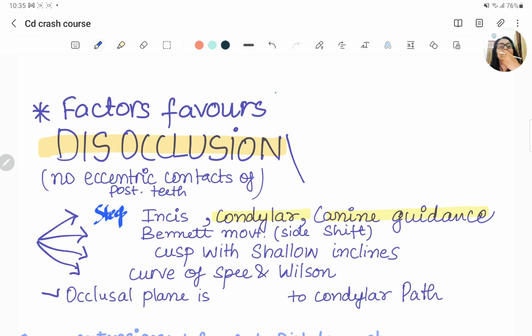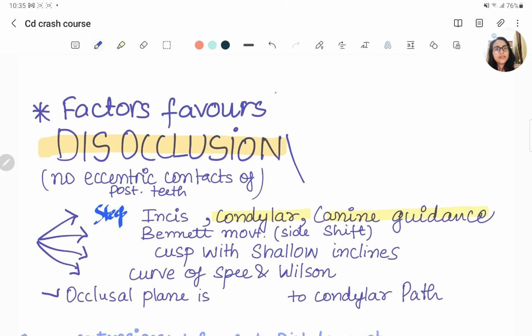Disocclusion is when there is an eccentric movement, that is a lateral movement, there is no posterior tooth contact. So what are the factors that create this separation of the posterior teeth during the eccentric, that is right or left lateral movements? In that case, the posterior teeth are not contacting, and what are the factors which make this space or gap at disocclusion?